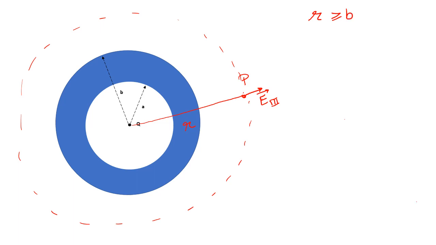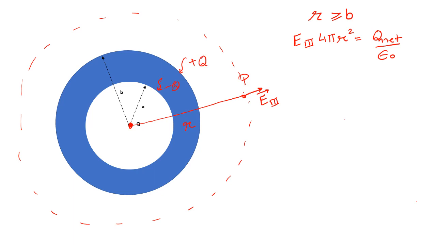If we apply Gauss's law, all we get is E3 times 4 pi r squared is the total net charge divided by epsilon naught. And in case you have conductors, what do we have? We have plus q, minus q, and we have a plus q here.